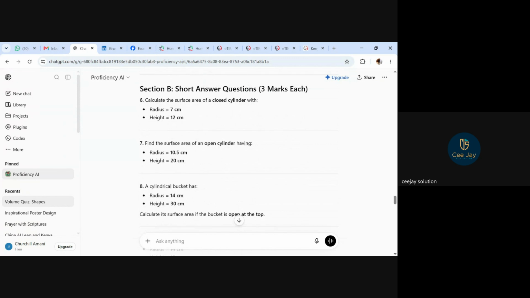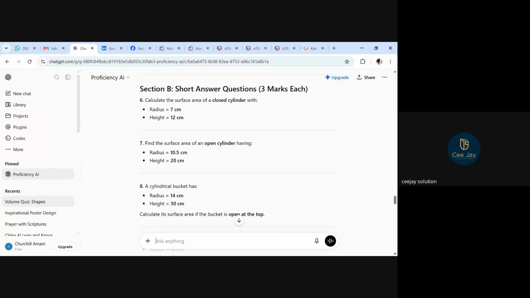Calculate the surface area of a closed cylinder with radius 7 cm, height 12 cm. Let me explain this. The radius is 7 cm. The height is 12 cm. And we have said the formula of finding surface area of a closed cylinder is 2 pi r squared plus 2 pi r h.